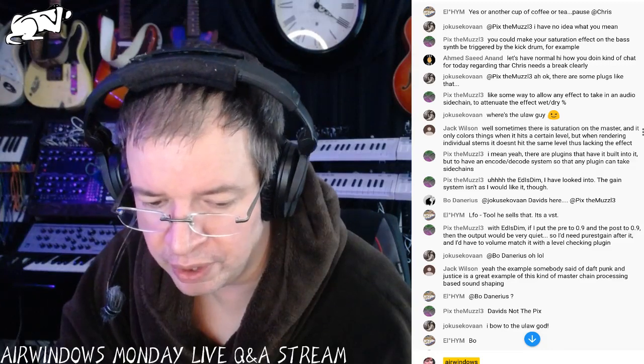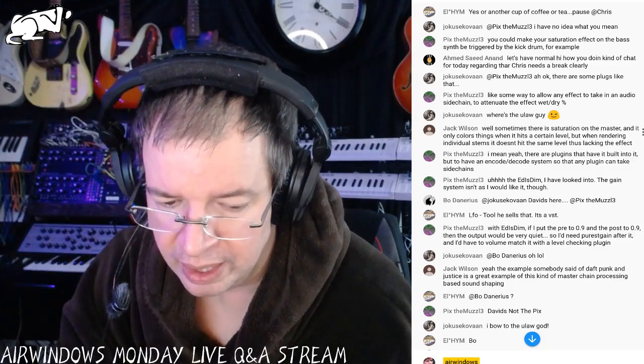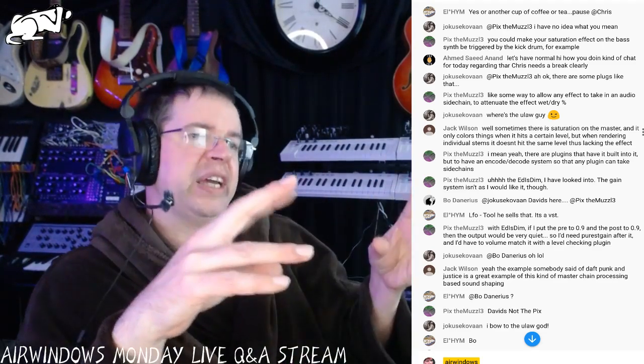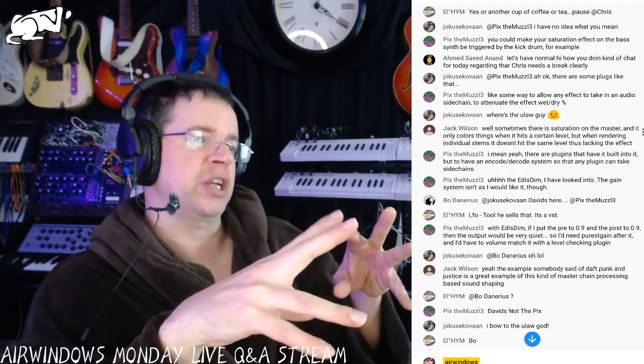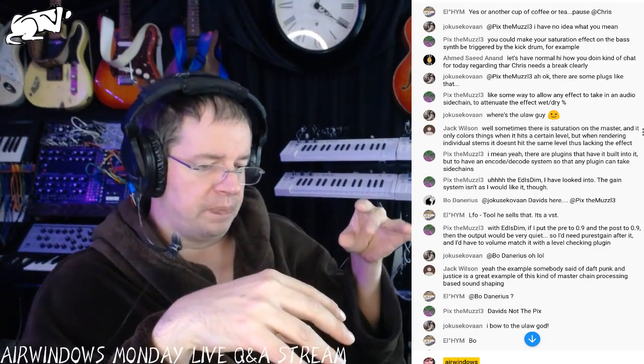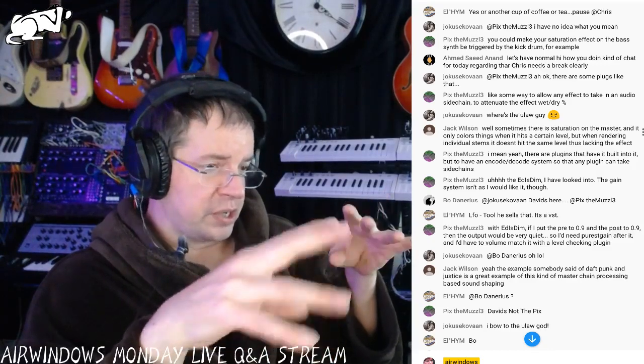But there is nothing that should be done in plugin world that would be able to go, okay, here's where this is pushing the bass into distortion on the master because the levels were thus and so.